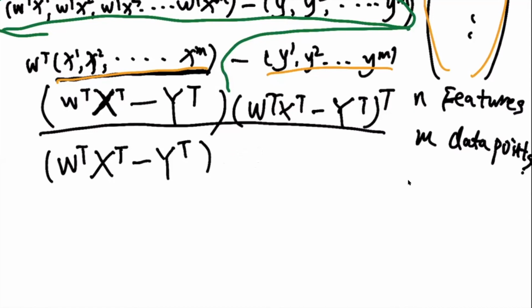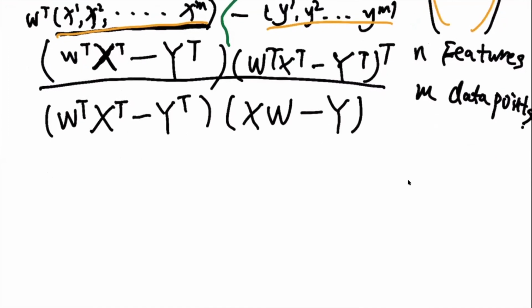I can write it in this form: XW minus Y, then all the transpose dropped, but switch the position of W and X. This is according to linear algebra rules. Now we get this formula, and then we can expand it.